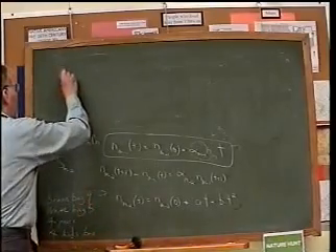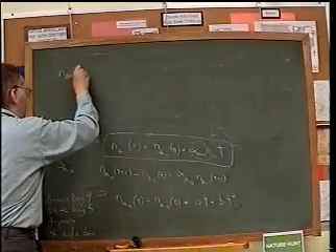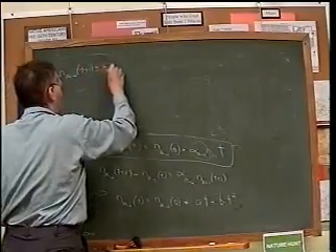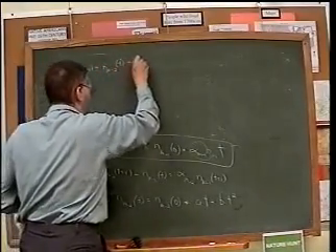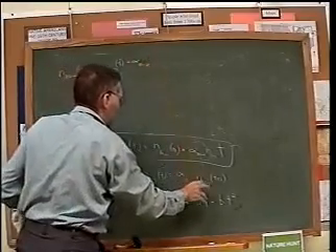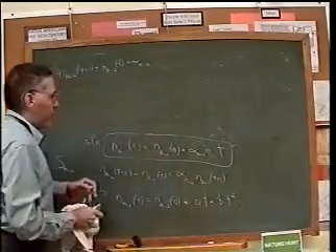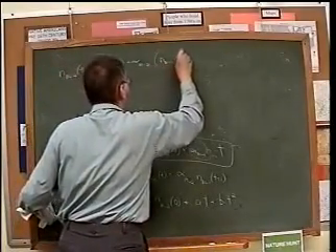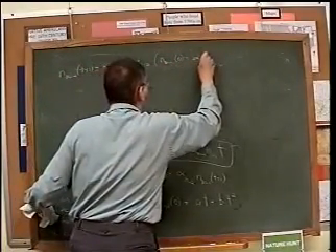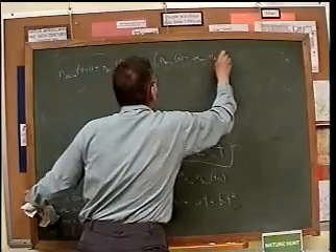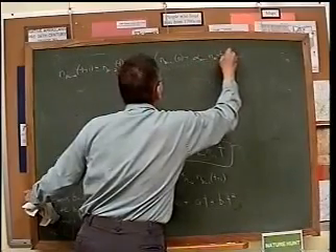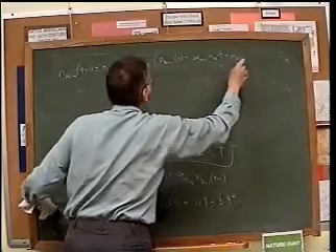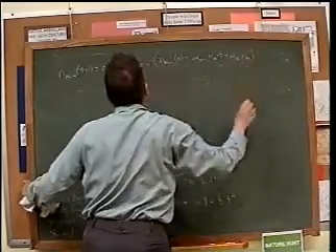So n sub m minus 2 of t plus 1 minus n sub m minus 2 of t equals alpha sub m minus 2 times n sub m minus 1 evaluated at t plus 1, which would be n sub m minus 1 at 0, plus alpha sub m minus 1 times n sub m times t, plus, I'll expand that out, n sub m. Okay?